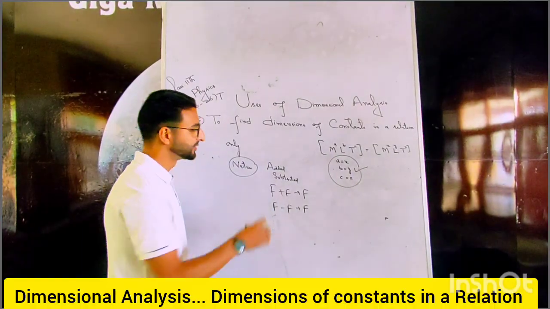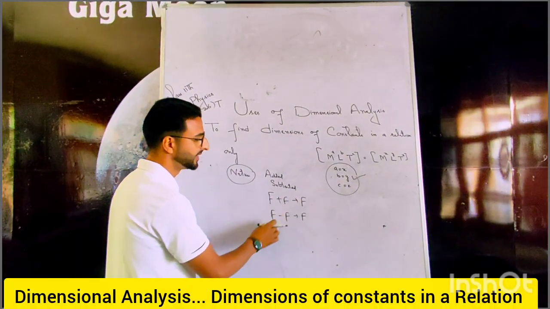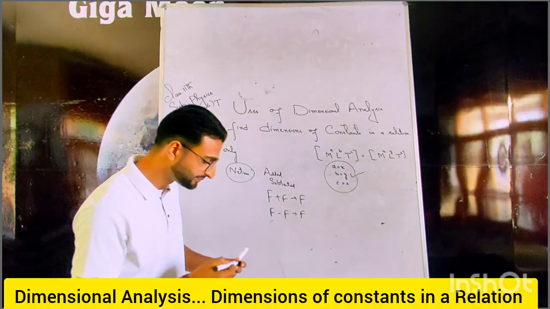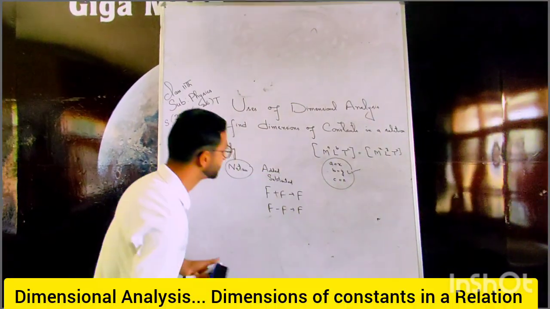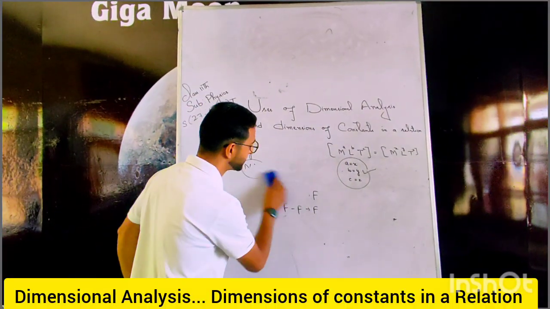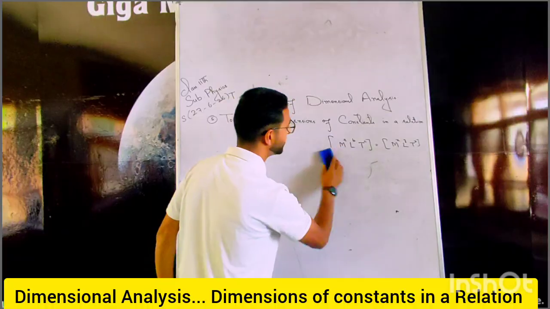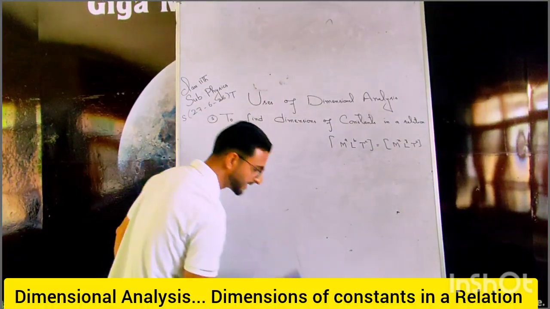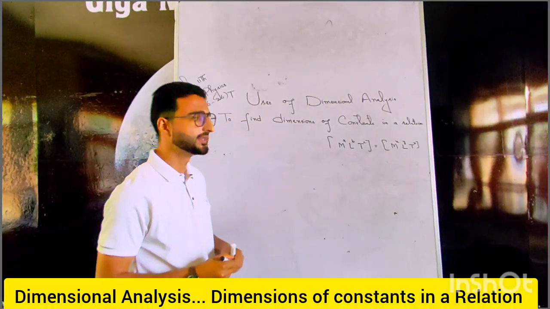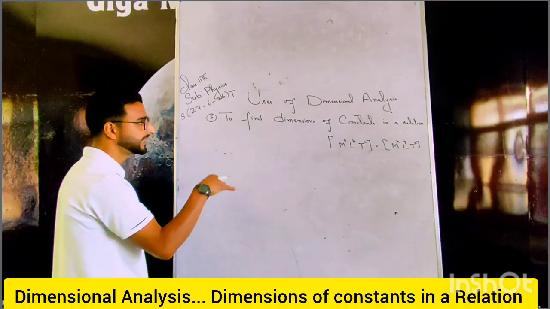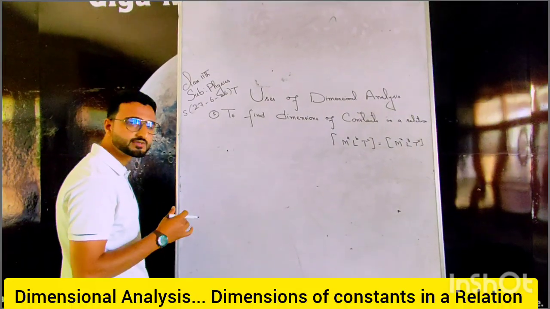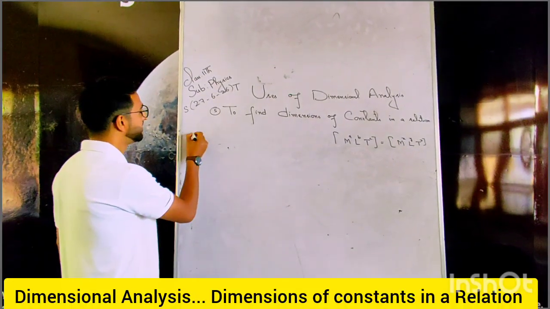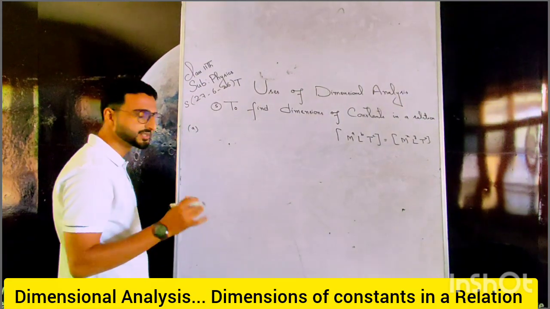You are getting my point? So force plus force is force and force minus force is force. So I will use this principle to find dimensions of constants in a relation by simply using this very application of dimensional analysis. So let me illustrate this very use of the dimensional analysis by the help of an illustration.